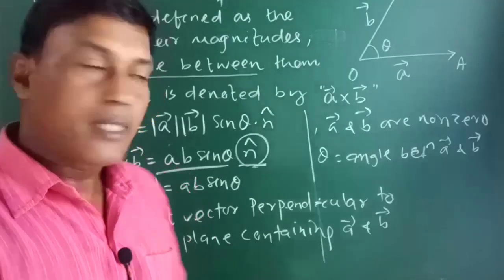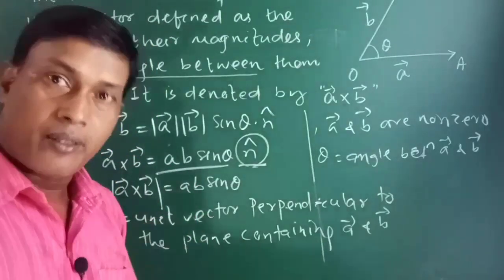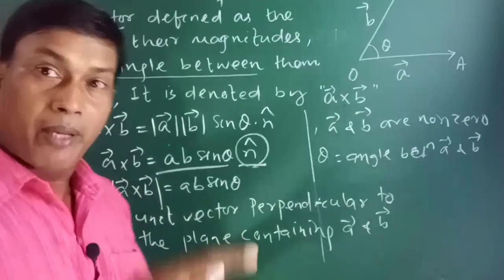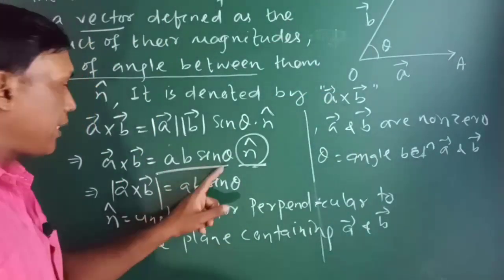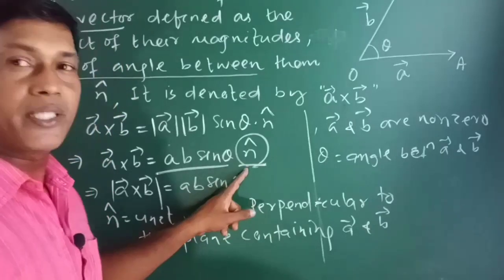So the important thing is A cross B is a vector, but the direction of this vector is perpendicular to the plane. Look here, AB sine theta is the magnitude, n cap is the direction.